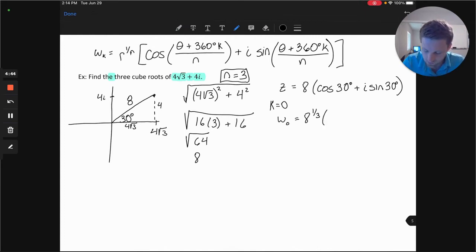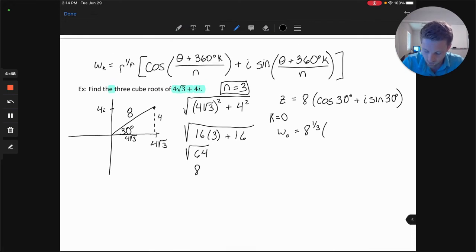If k is equal to 0 in our first calculation here, that will force this 360 times k to be 0, and so we'll just do theta divided by n. So here we'll have cosine, theta is 30 degrees, and our n, again, is always 3.